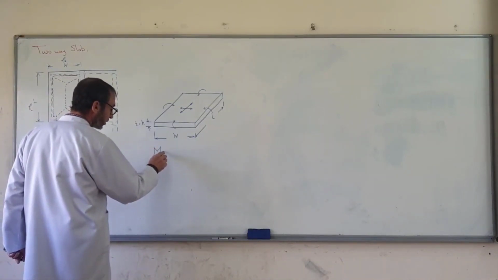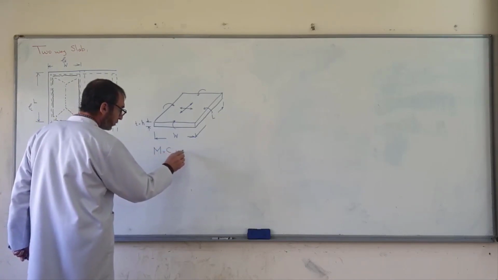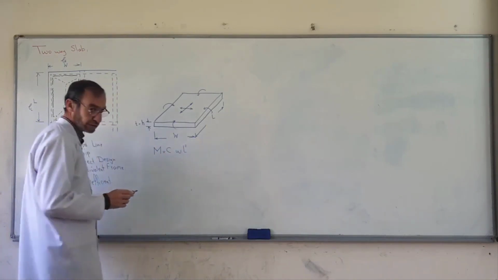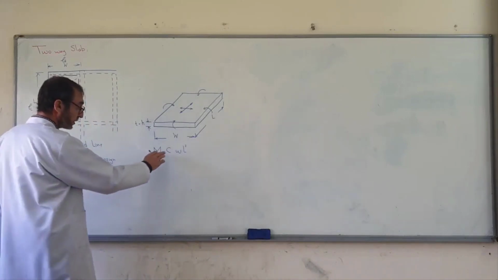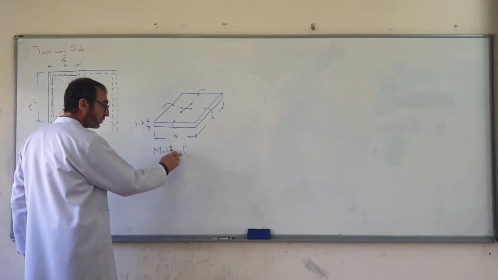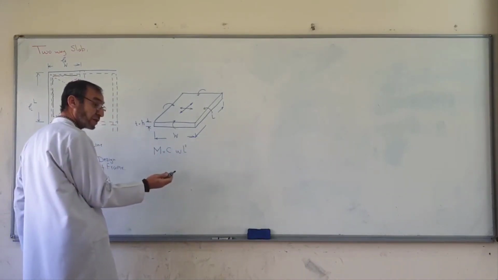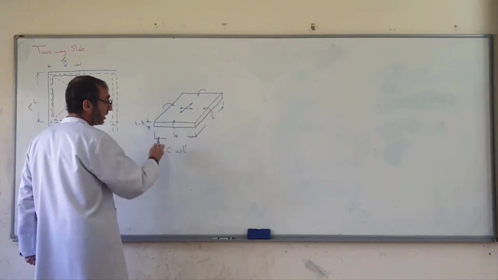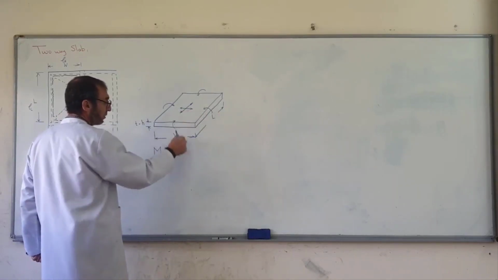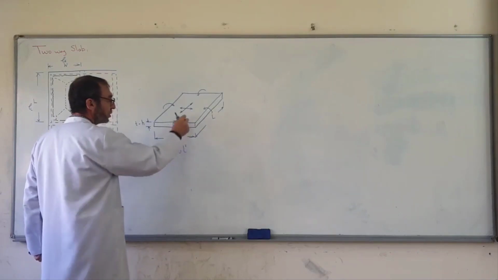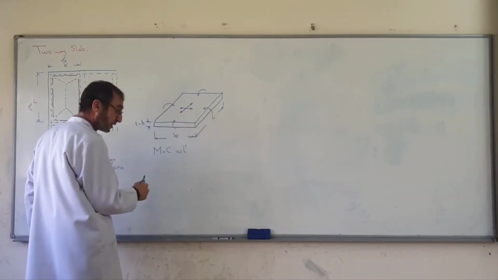Moment is equal to coefficient times wL squared. This is the coefficient; w is the uniformly distributed load over square meters, and L may be the short direction or the long direction.